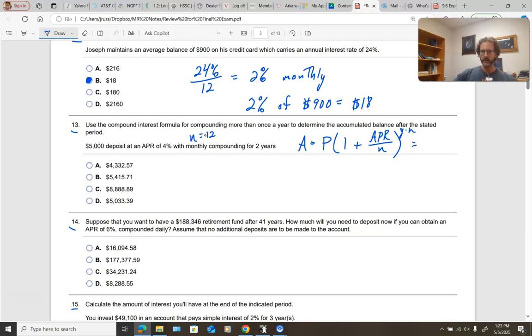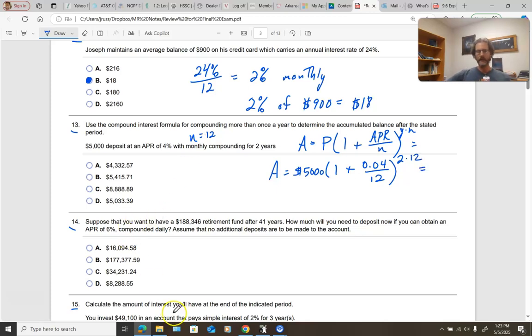And so when you plug in these parameters, the principal being invested is $5,000 times 1 plus the APR, 4% as a decimal, 0.04 divided by 12, and raise this whole thing to 2 years, so 2 times 12.